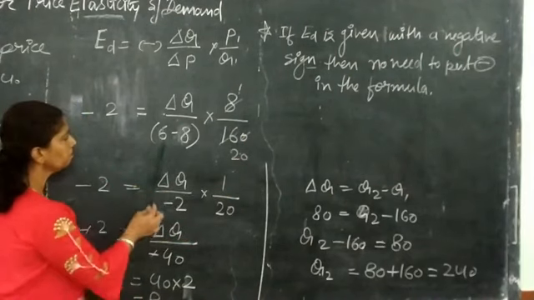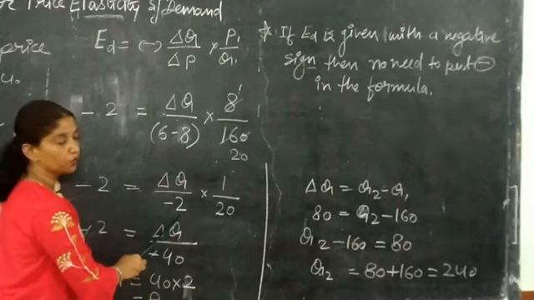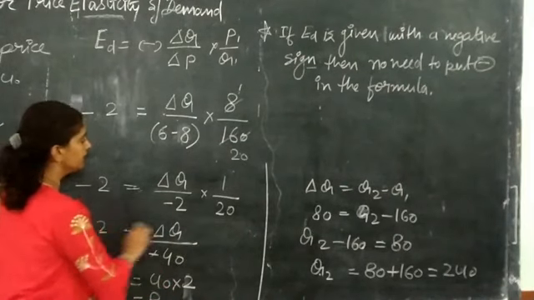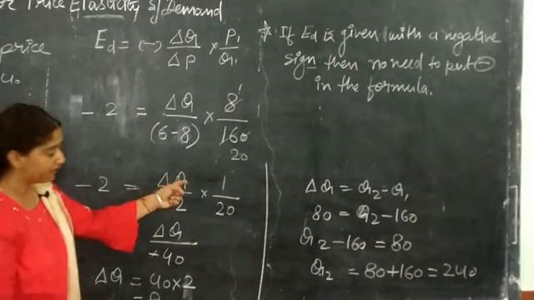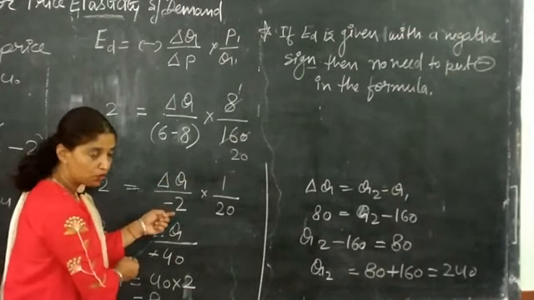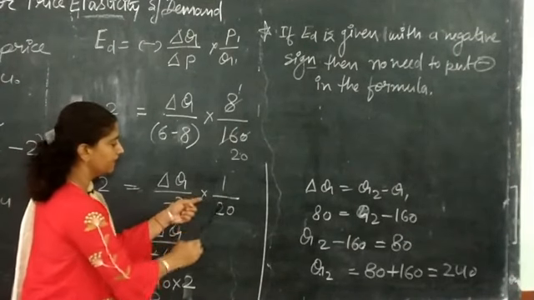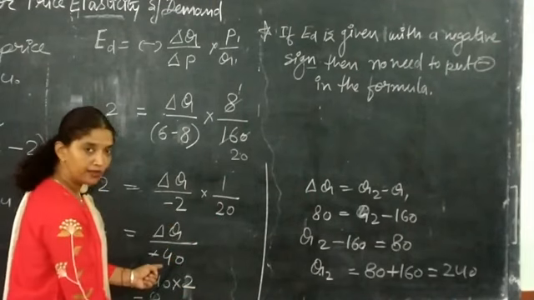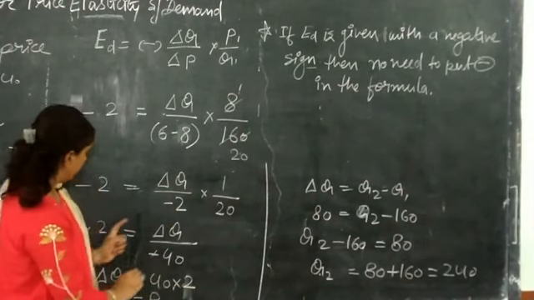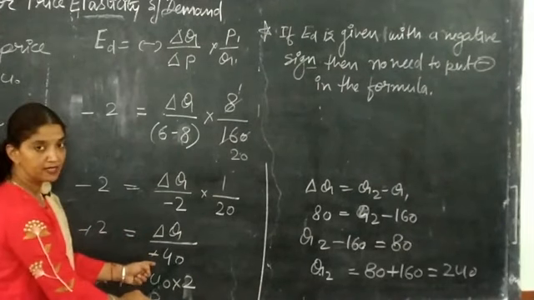And the difference of 6 minus 8 is -2. I have written all these values once again. -2 equals change in quantity demanded, divided by -2, that is the difference of 6 minus 8, multiplied by 1 upon 20. -2 times 20 is equal to -40. And here I am getting -2 equal to delta Q upon -40.